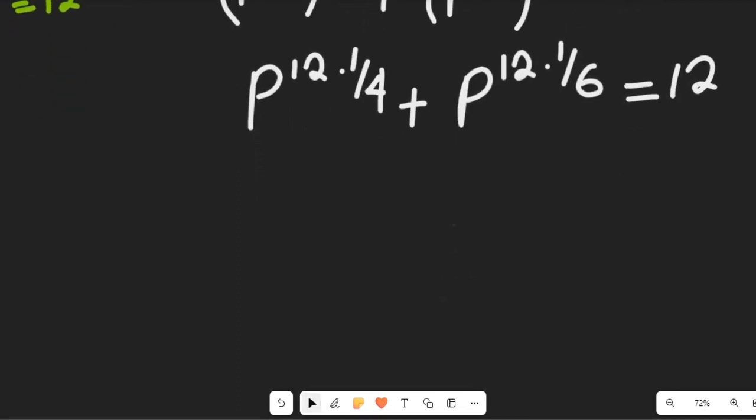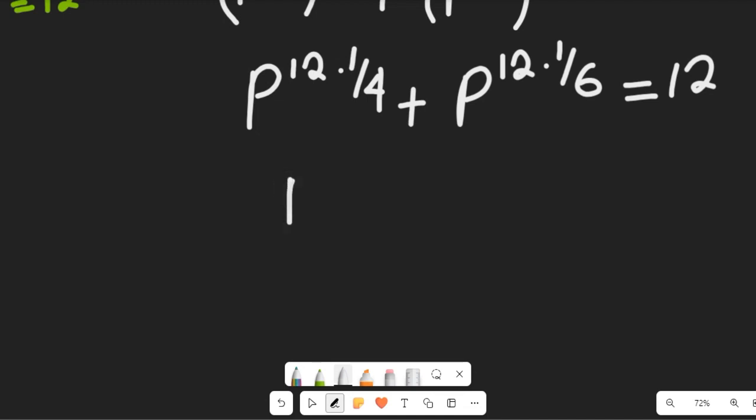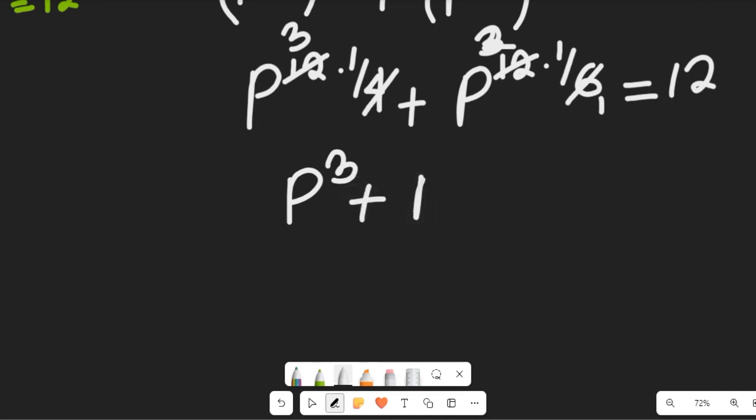So this is going to give us p to the power of 3, because 12 divided by 4 is going to give us 3, and then 12 divided by 6 is going to give us 2. So this will give us p to the power of 3 plus p to the power of 2 equal to 12.